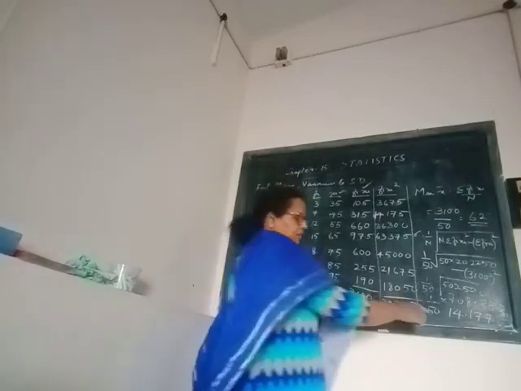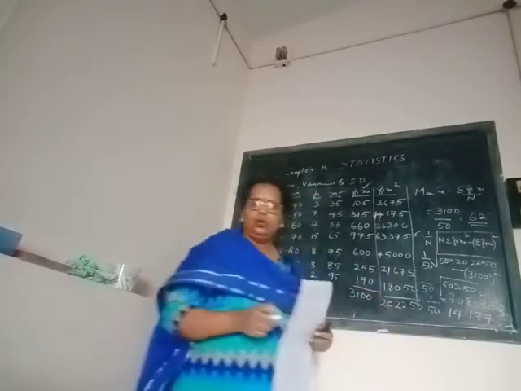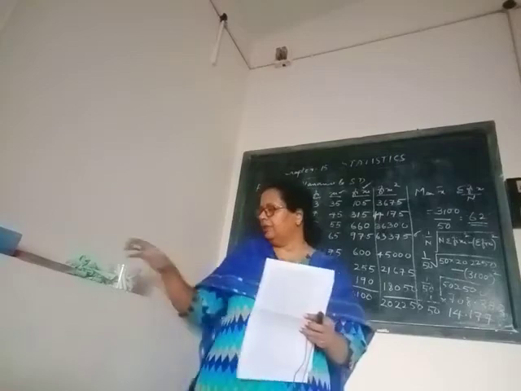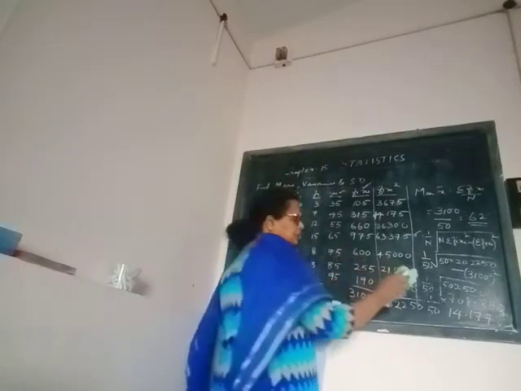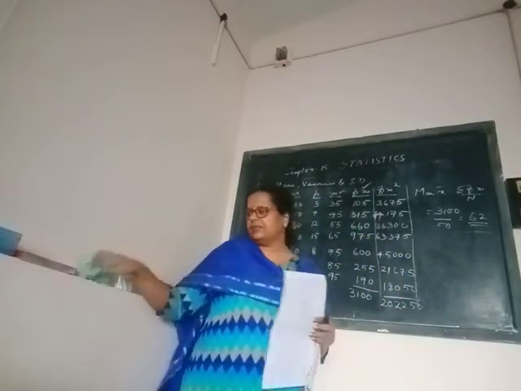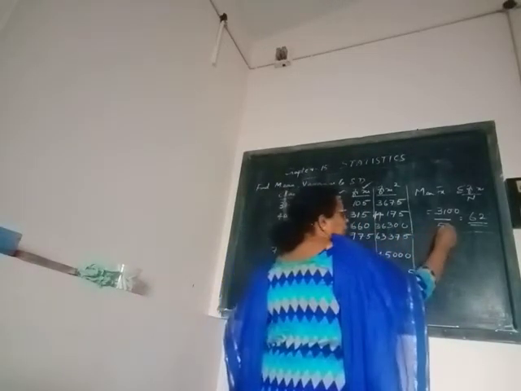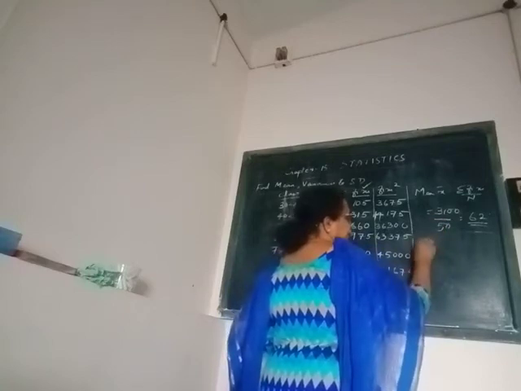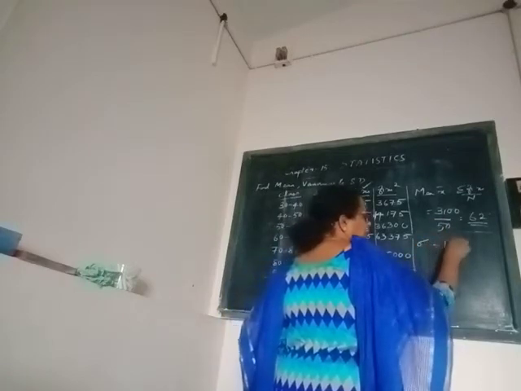So you are getting standard deviation as 14.177. We can correct it to 2 decimals. Then what is standard deviation? 14.177 is 14.18. So we can write standard deviation is 14.18.